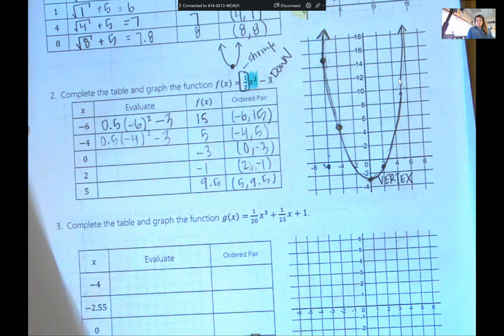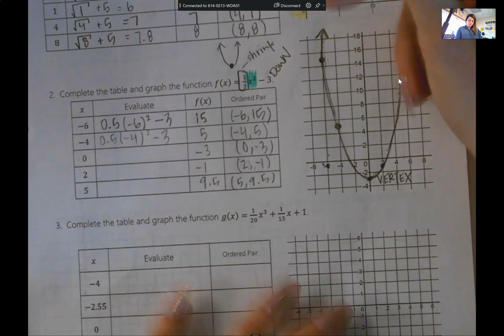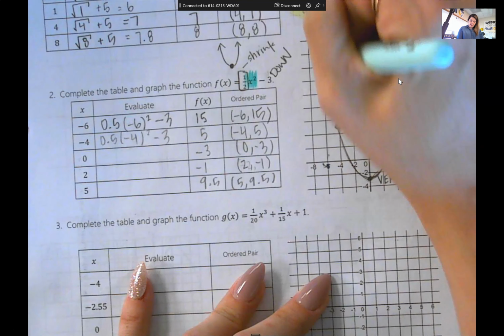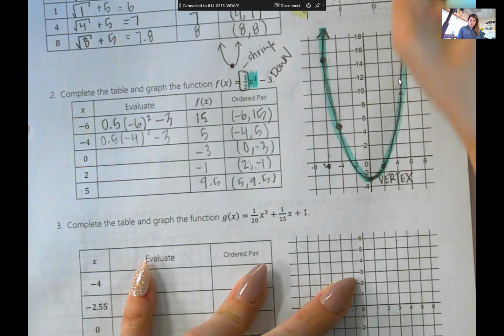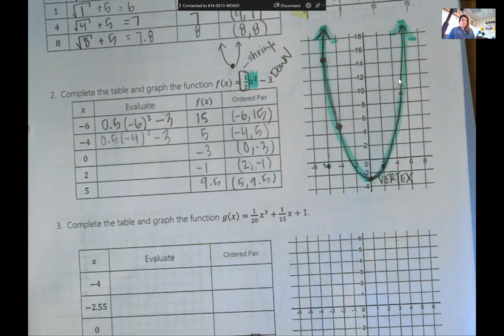The biggest takeaway from this problem: make sure your parabola is curved and that you have arrows on the ends.